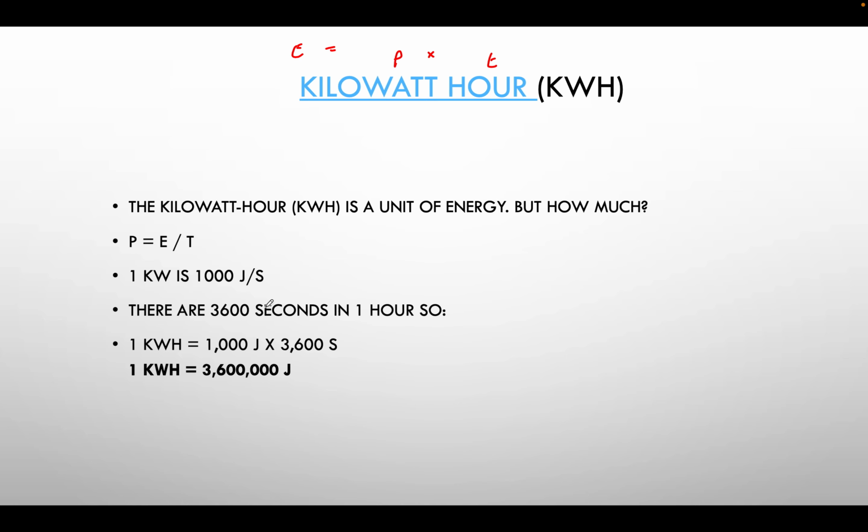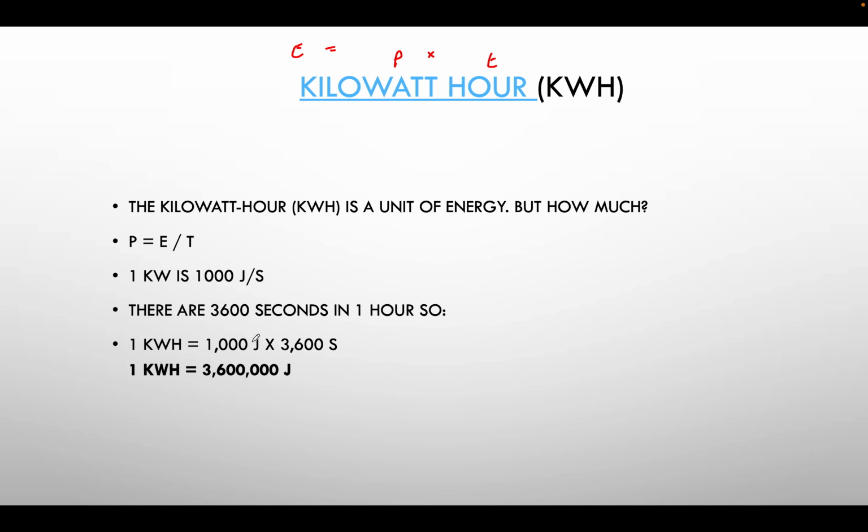So then what I can say is 1 kilowatt hour is 1 kilowatt, 1,000, multiplied by 1 hour, 3,600, because I said power times time. We get 3,600,000 joules. That is 1 kilowatt hour.